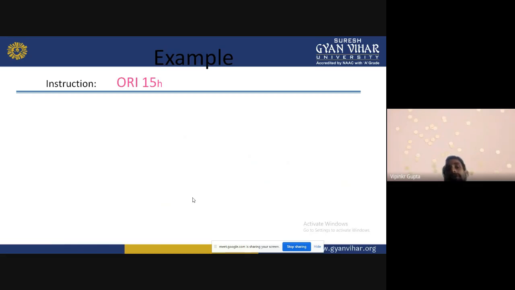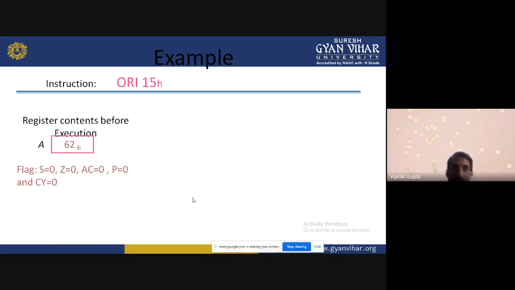ORI 15H. So how will we do the OR immediate? Suppose that A is having 62H. Now we will do the OR operation with the data within the instruction, that is 15H. So how will we do it?